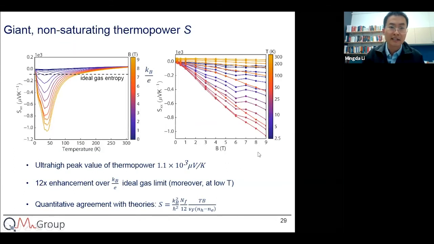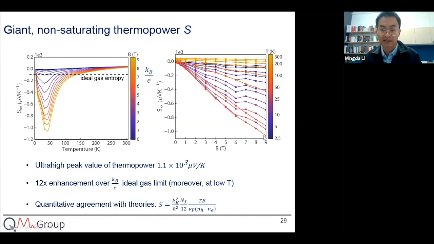And the second thing is more related to the longitudinal thermal power. As we can see, this line is the ideal gas entropy that can be reached. And if we have very low transverse electrical resistivity, we can show there is a real increase of the longitudinal thermal power, reaching a very high value, and also at a low temperature.